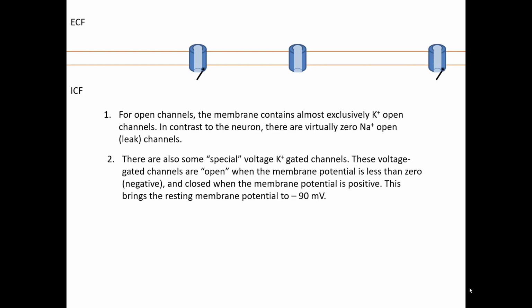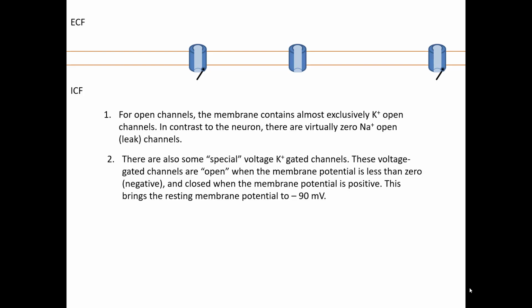But the behavior of this composite channel is very predictable. Here is the rule. When the membrane potential is below 0, the gated channel for potassium is open. This is new. We've not seen anything like this before. Typically, the default position of a gated channel is to be closed.